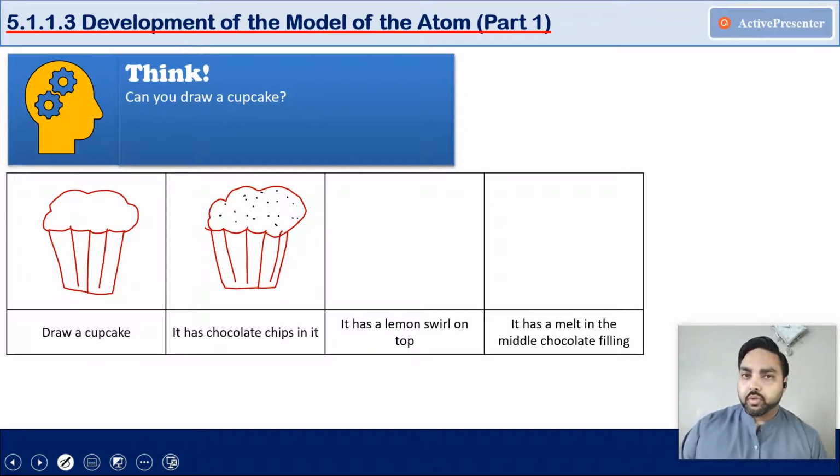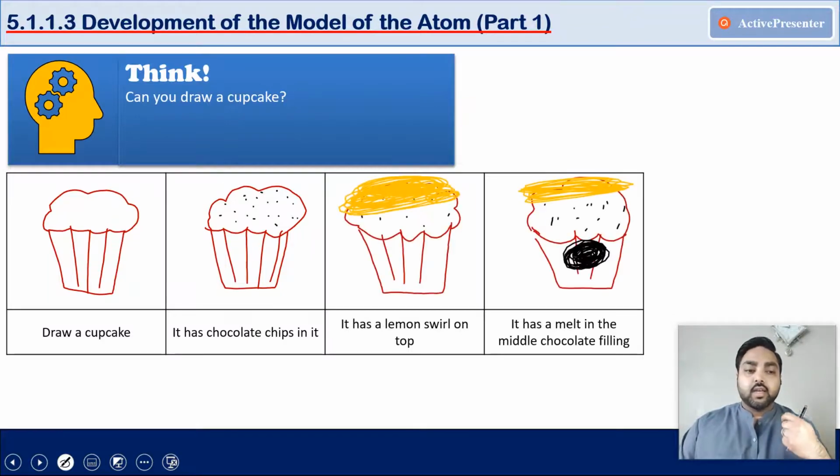You would pretty much draw the same thing. However, with the new information that you've got, you then add the chocolate filling in the middle. But at every stage you've added information to your model of what a cupcake would look like.